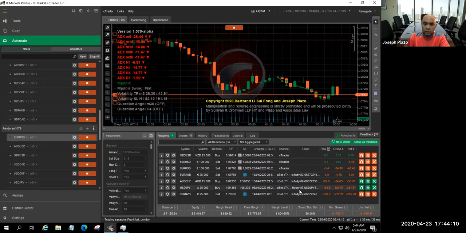These other positions that you see here in negative, these are retraces that have occurred recently due to the COVID and the crash of oil. So oil had dropped to an amazingly low price of negative 13 US dollars, but eventually these retraces will go back to the proper position and close out properly.